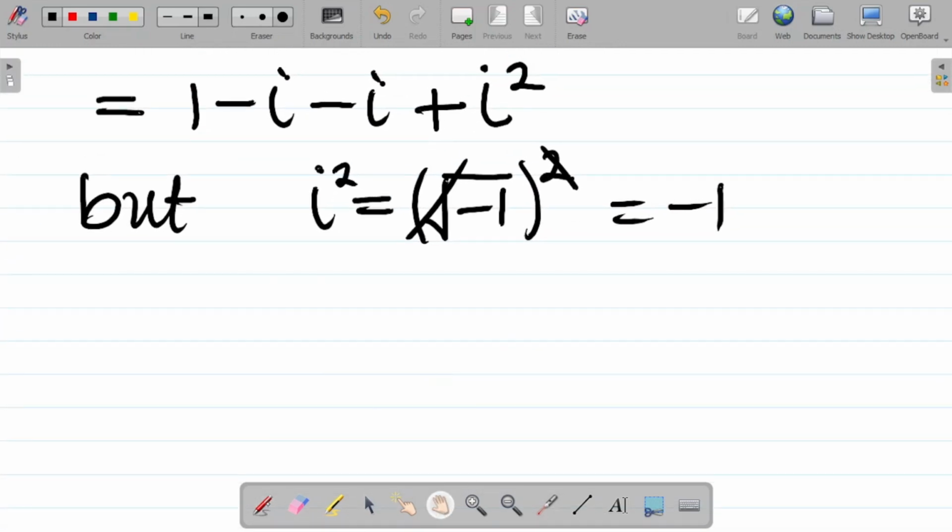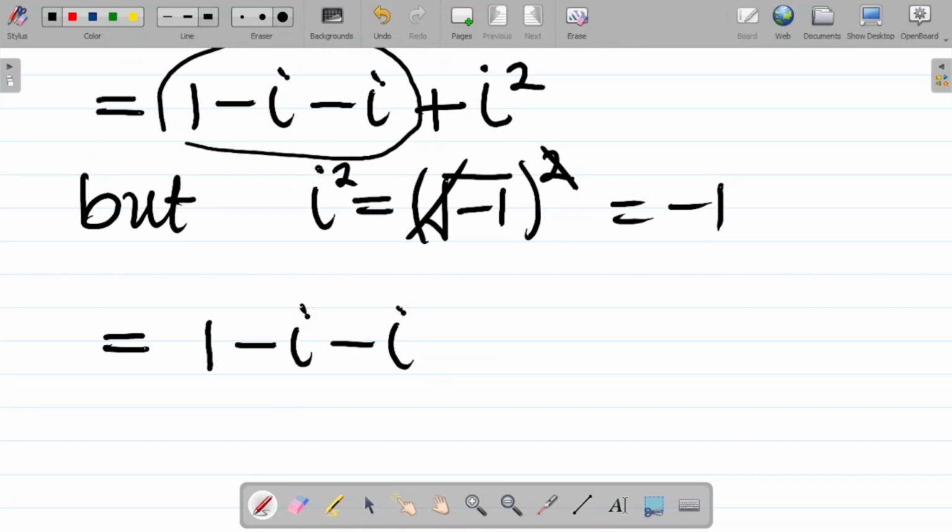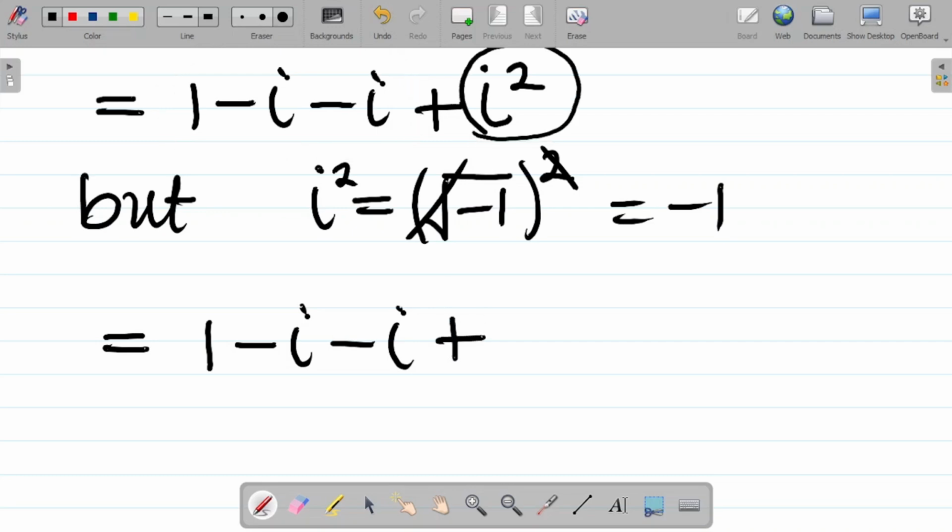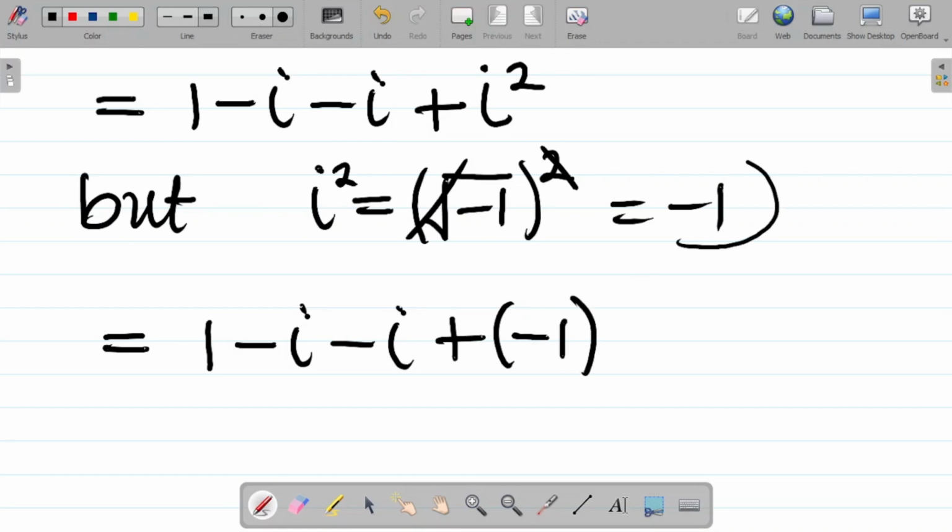So this is now equal to 1 minus i, that's this one here, then plus i squared. The value of i squared is simply minus 1, so it becomes plus minus 1. That's i squared from this point here.